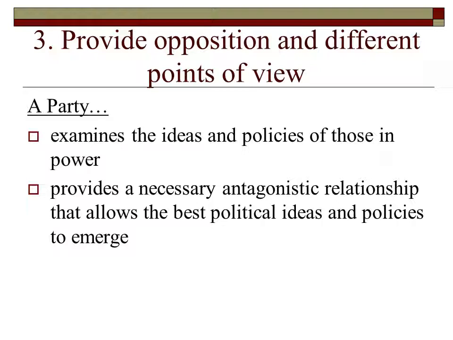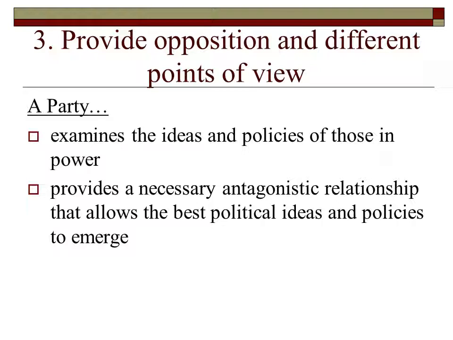Thirdly, parties provide opposition and different points of view. Basically, what a party does is they look at the ideas and policies of those who are in power right now, and then they tear them up. They decide what they don't like about them. They provide the necessary antagonistic relationship that allows the best political ideas and policies to emerge.